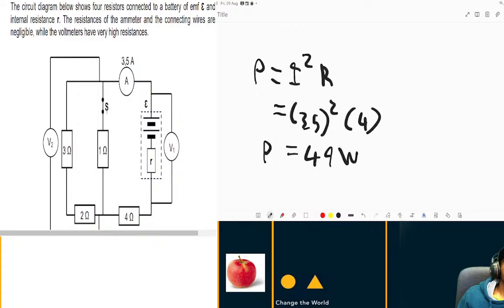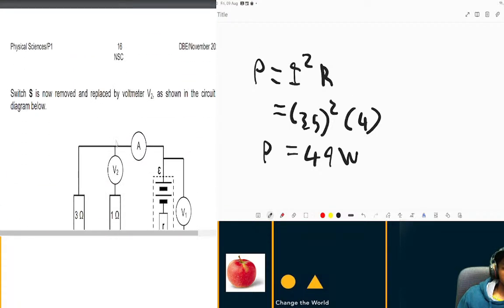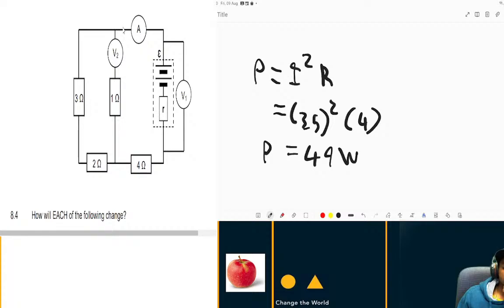But once you connect a voltmeter here, it doesn't work. So that means we already know that current won't pass through here.